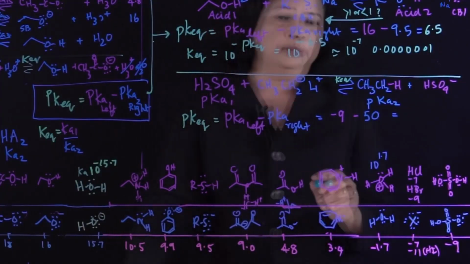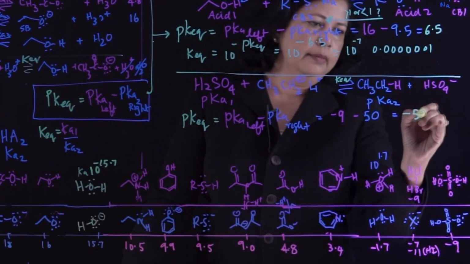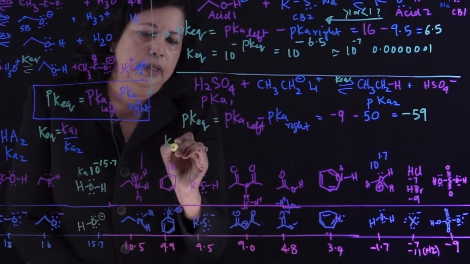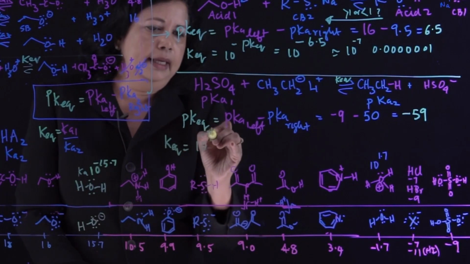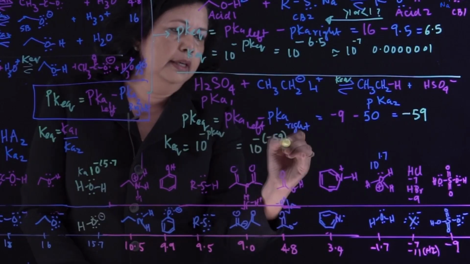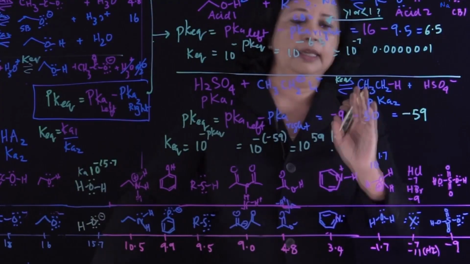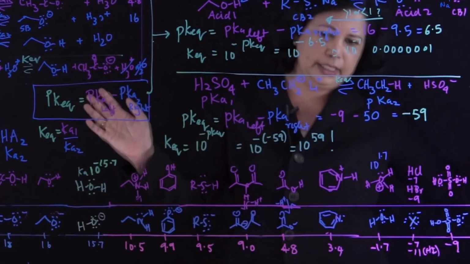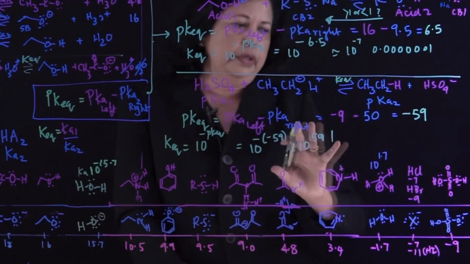So that is going to be minus 59. That's huge. So K equilibrium is going to be 10 to the negative pK equilibrium. So that is going to be 10 to the 59. That's huge. It's like 10 followed by 58 zeros. So that is going to be a very, very large amount.